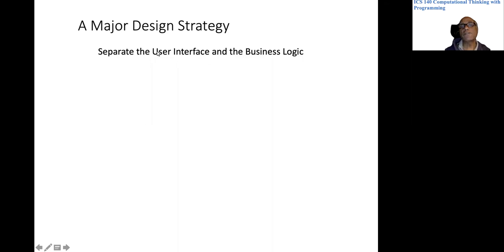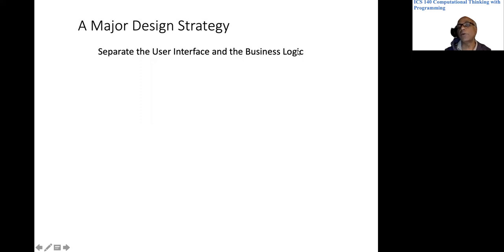The user interface is obviously the mechanism by which users interact with the system. And that could possibly be changed from a command line interface to a graphical user interface, but we don't have to change the business logic. So we separate the two.